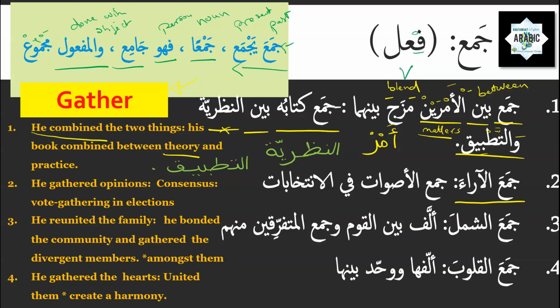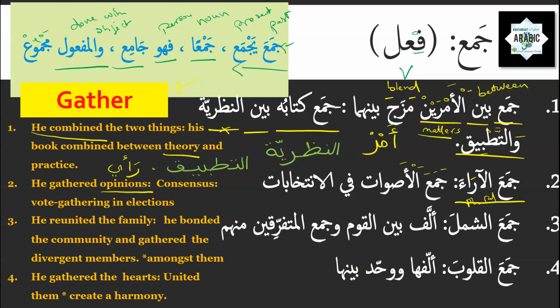He gathered opinions. الآراء. And the singular form, this is plural, the singular form of opinions in Arabic is ra'i. I'll write the singular form here. الرأي, one opinion. He gathered opinions. جمع الآراء.